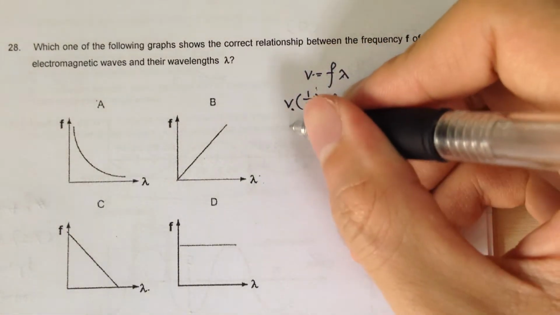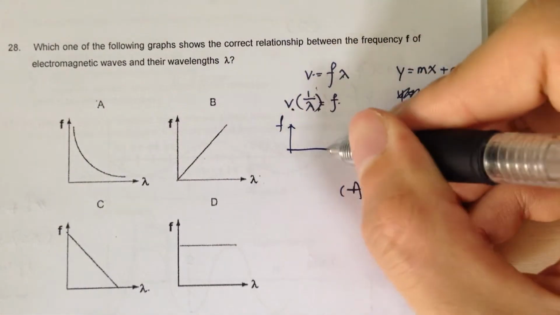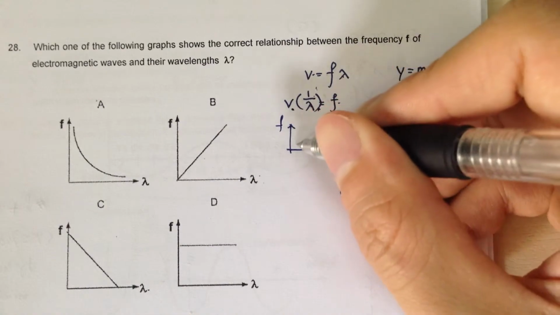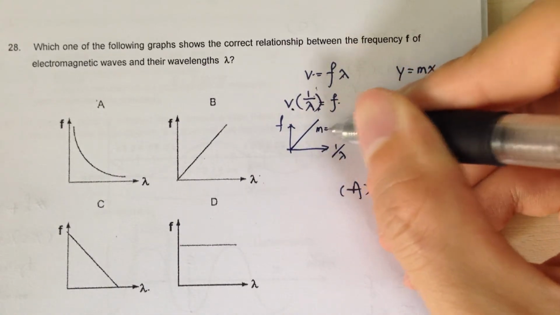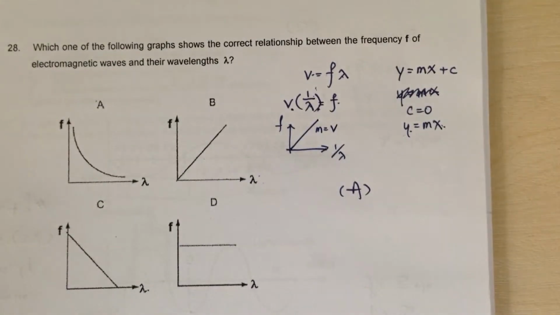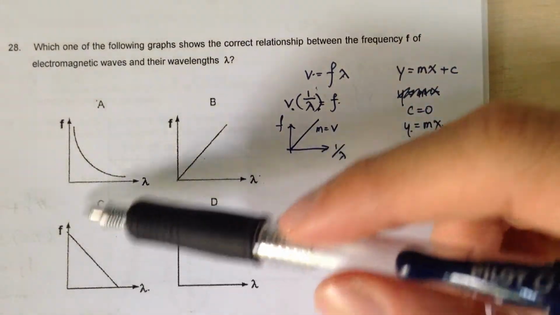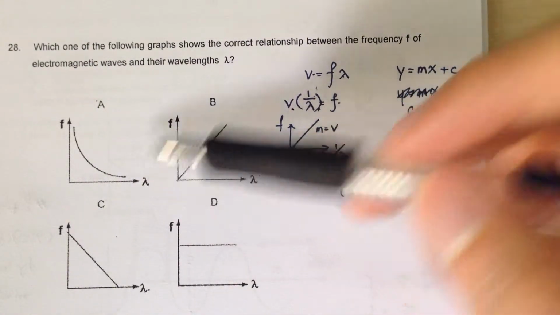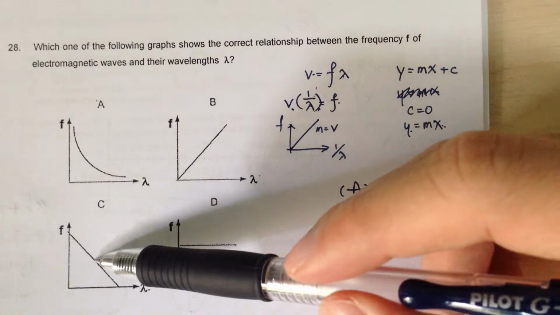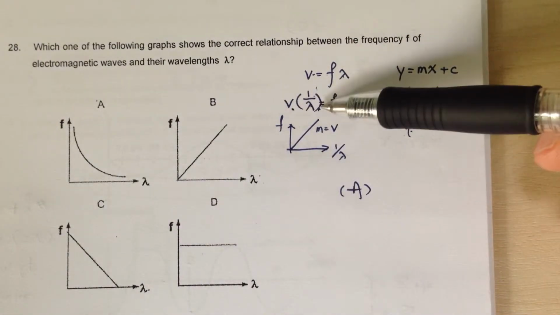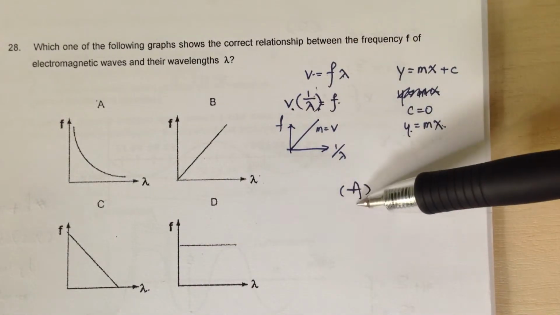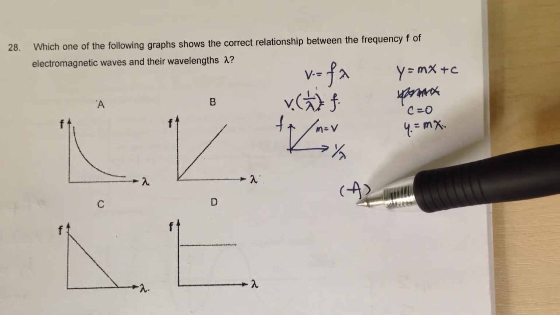Unless you are drawing a graph of f versus 1 over lambda, you would have this gradient which actually represents the velocity. Since in this case all 4 options are f versus lambda, you know that it won't be a straight line. Just look at this equation. So therefore, the only option that is accurate would be A.